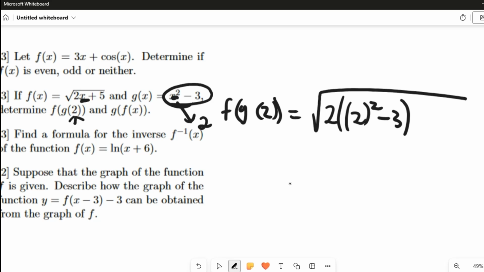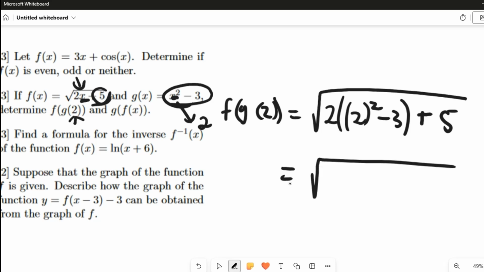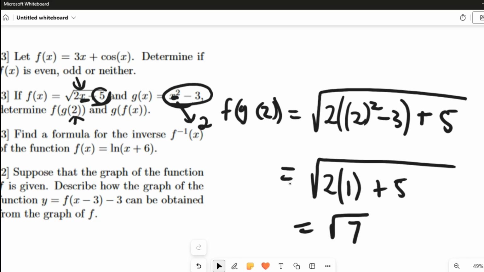So far we've written the square root of 2 times that, and then we still have to add plus 5. The final answer will be the square root of 2 times 4 minus 3, which is 1, plus 5, and the final answer is just the square root of 7.